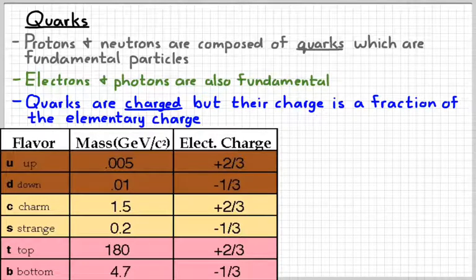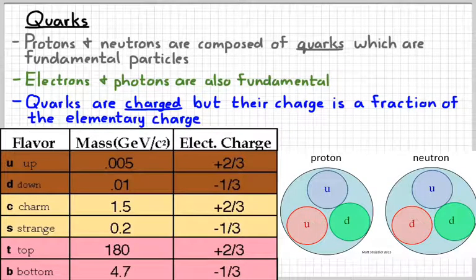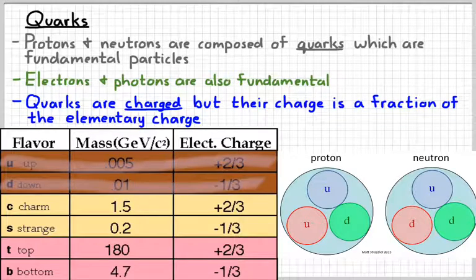But notice the column on the right where it gives you the charge on the quark as a fraction of the elementary charge. And so the composition of a proton would consist of two up quarks, which have a charge of plus 2/3, and then a single down quark, which has a charge of negative 1/3, and you can see how that would add up to 1.